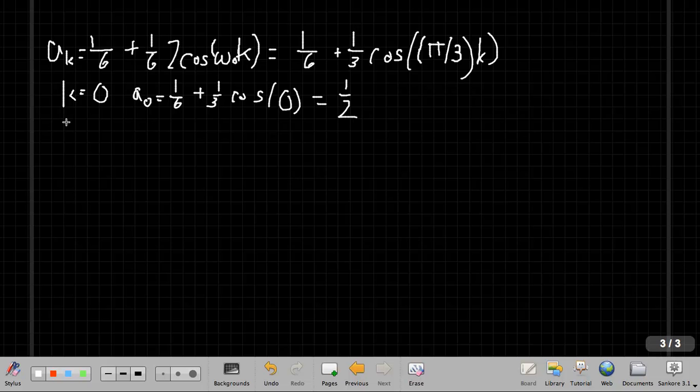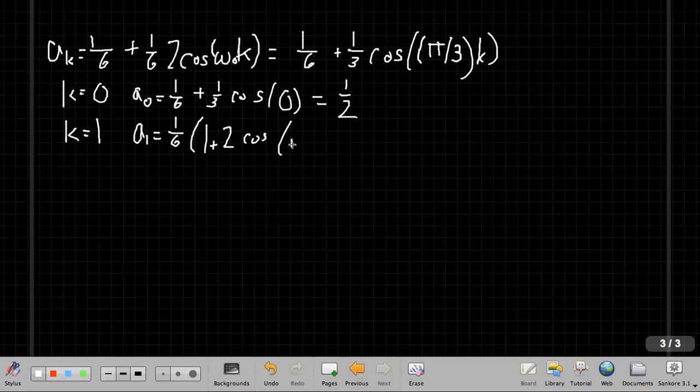And I just keep working my way through one period of k. We talked in class and you saw in the book, the discrete Fourier series is periodic, so I just need one period of it. In fact, it's going to be a little easier to evaluate some of these if I pull the 1/6 back out front. So I'm going to write it as 1 plus 2 times the cosine.